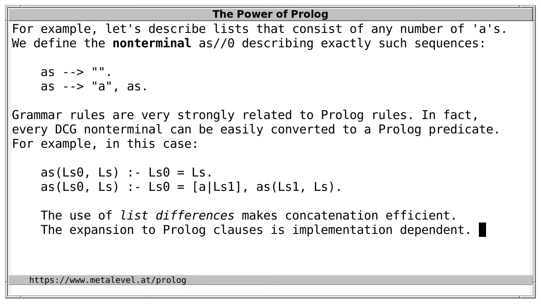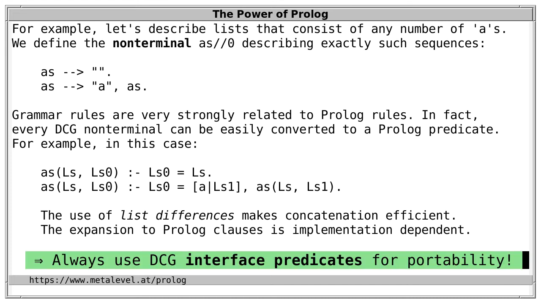So, as Prolog application programmers, we must not rely on a particular expansion method. For example, in some Prolog systems, such code may be more efficient if the arguments are exchanged like this. And this may lead to fewer virtual machine instructions and so on, depending on the system's architecture. And therefore, as application programmers, we always use the DCG interface predicates, such as phrase, to invoke a DCG. Because this keeps our code portable between implementations, no matter how they implement DCGs internally, okay?